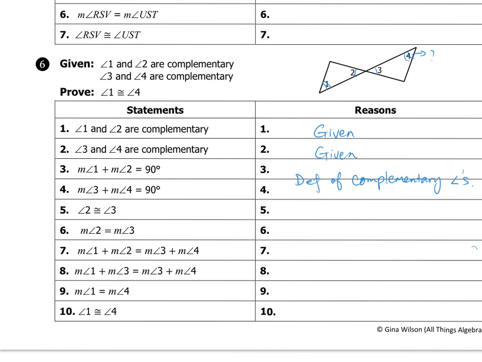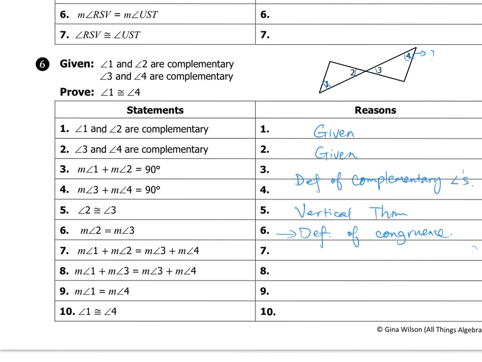And like we said earlier, 2 and 3 are vertical angles, and by the vertical angle theorem, they are congruent. If they're congruent, their angle measures are exactly the same, and that's by definition of congruence. Right? Definition of congruence works on angle measures as well as segment measures, right?